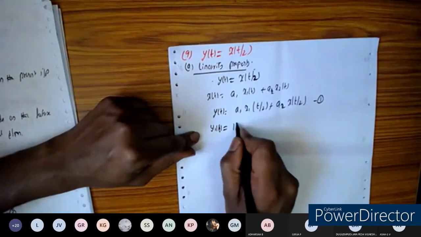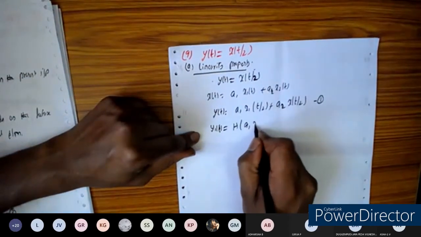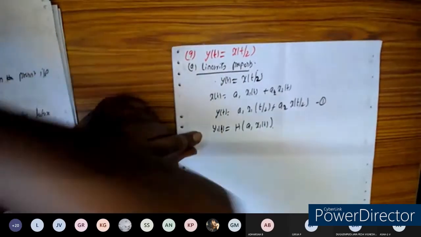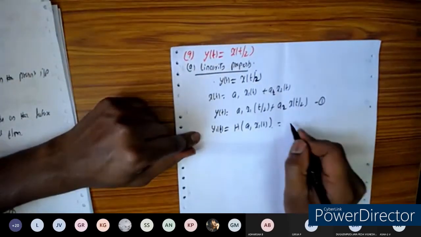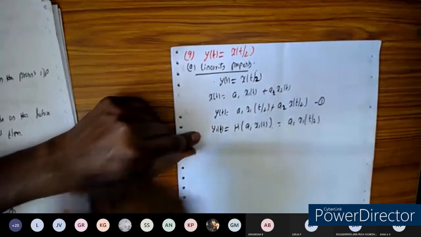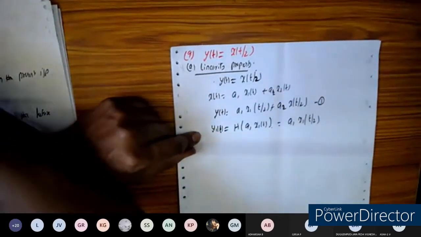Similarly, let us give a single input, a1 into x1 of t. The output becomes a1 into x1 of t by 2.